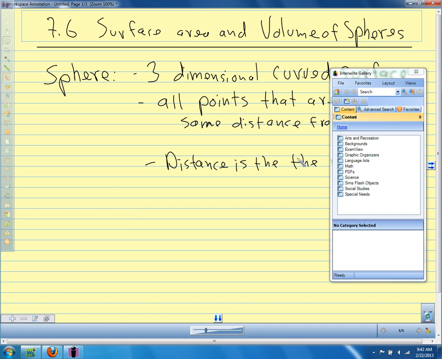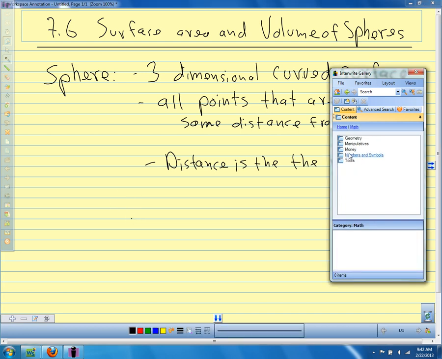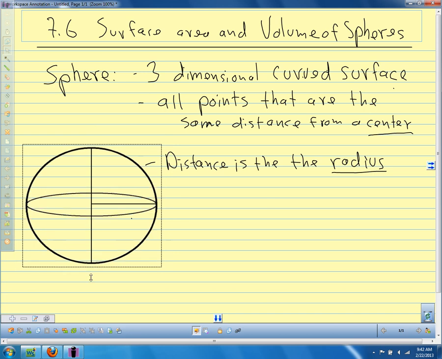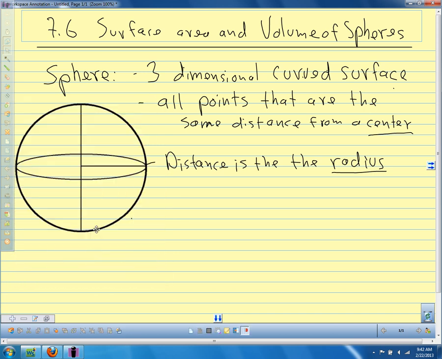Let me grab a better picture here. Just like we would expect for a sphere, the point right here is the center.